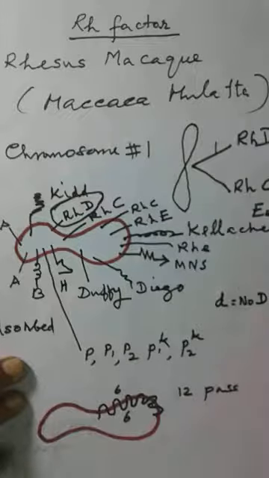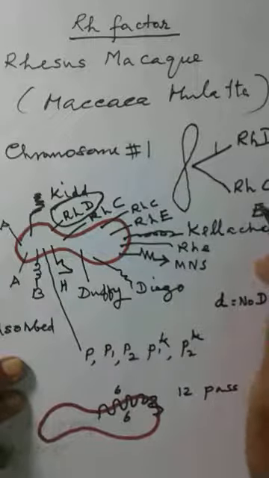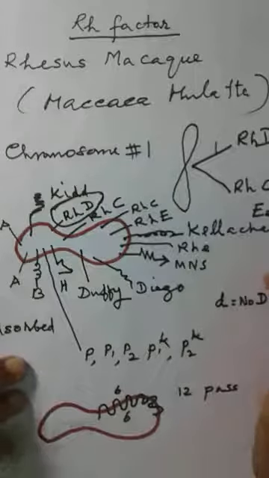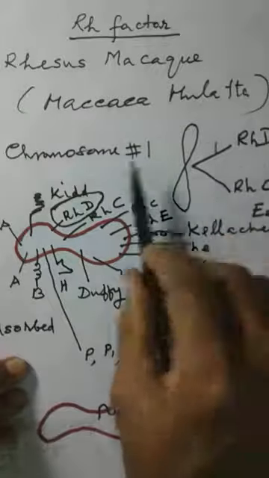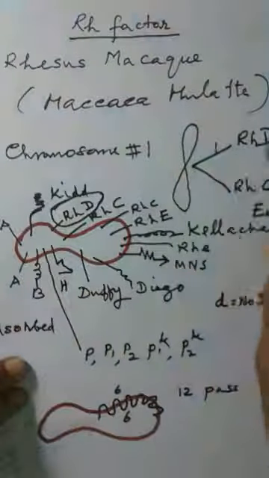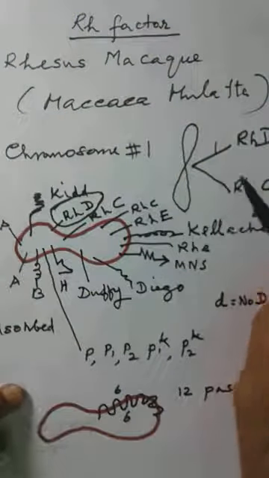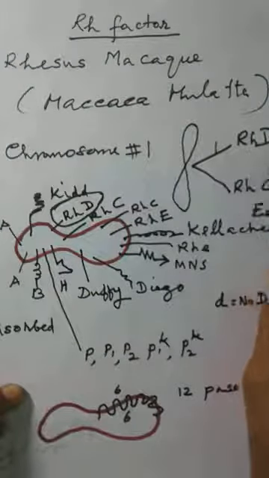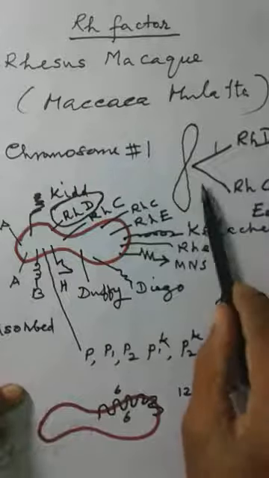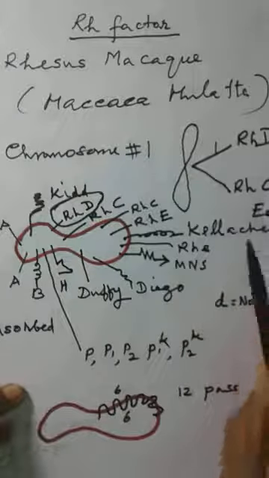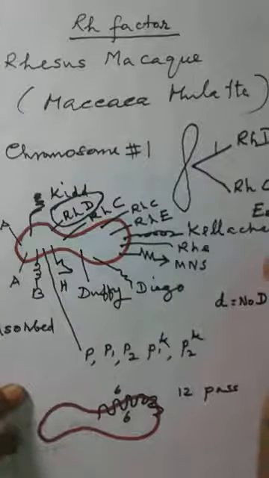So there is no small d. Like C, there is small c. E, there is also small e. So this chromosome number 1 is coding for RHD and RHC and small c and small e also.